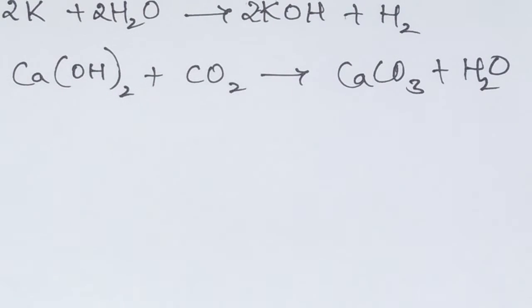Insoluble calcium carbonate is formed, and this calcium carbonate is going to reflect the light. It is in the form of a crystal-like structure, so that is why it is able to reflect the light. Because of that, walls will appear white in color. After a few hours, we can observe the white color appearing on the walls.